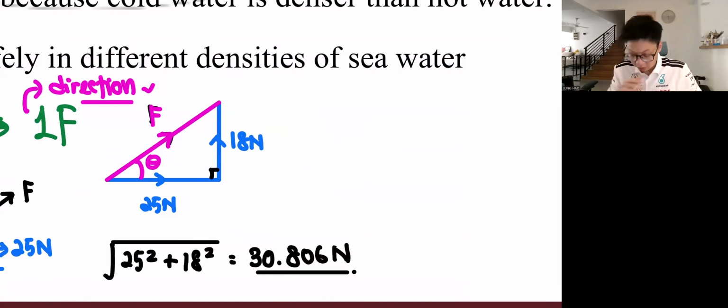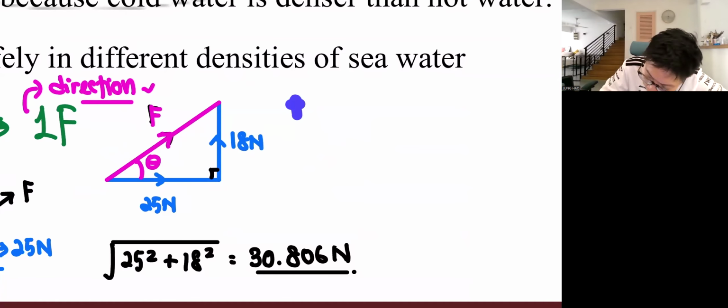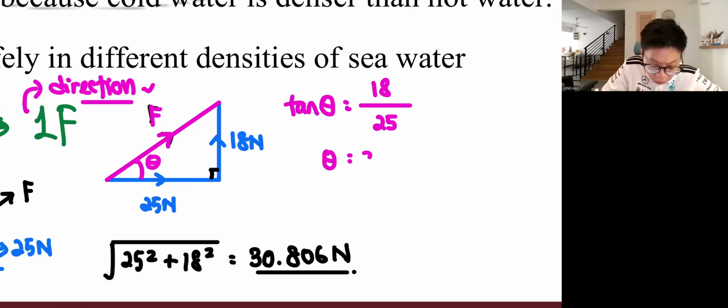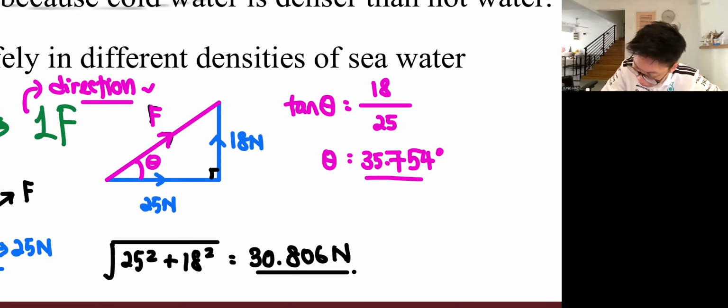Okay, so how do we usually find this? We have to use something we call tangent theta. I'm glad that most of you know how to do this. We will use opposite over adjacent, 18 over 25. So we do shift tangent 18 over 25. So my theta equals 35.754 degrees.